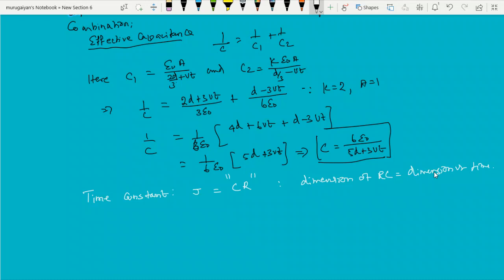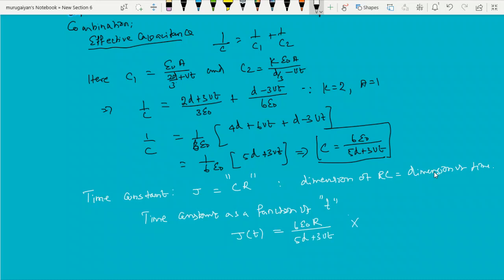Now we can write the time constant as a function of t. Tau as a function of t equals 6 epsilon naught into the external resistance capital R, divided by 5D plus 3Vt.